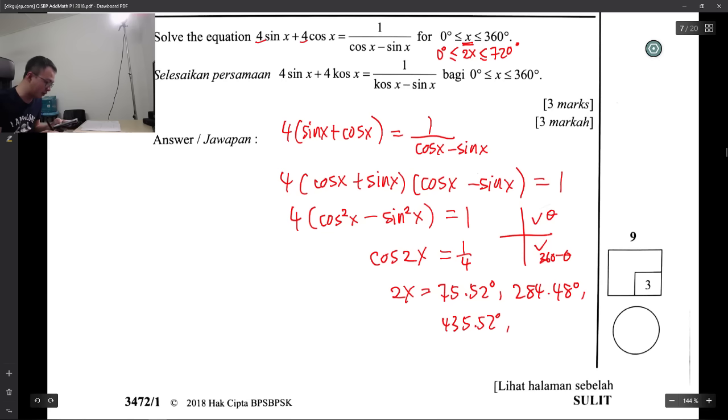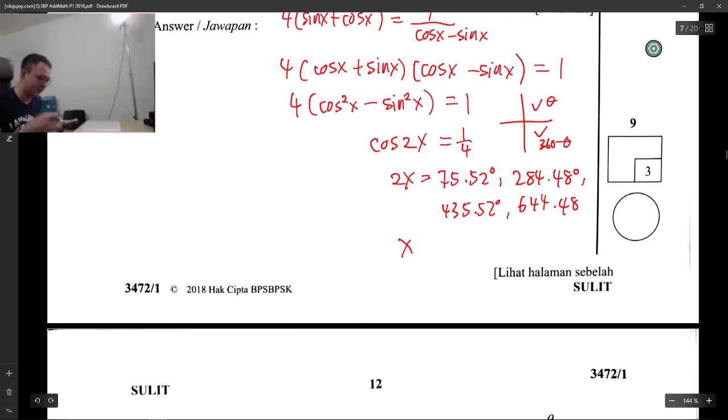So in order to keep finding the angle, you just take the ordinary angle and plus 360. Then in order to find the x, you divide 2 for every single one. So 75.52 divided by 2, the first one is 37.76. And the next one, 284.48 divided by 2, you should get 142.24.